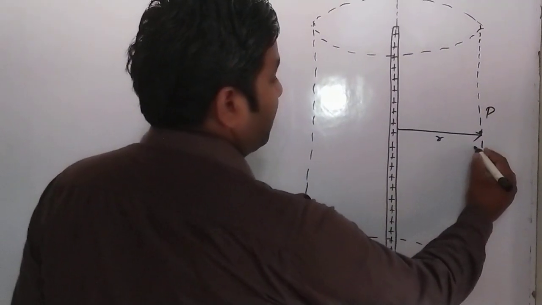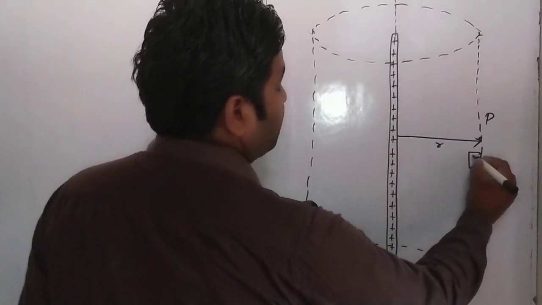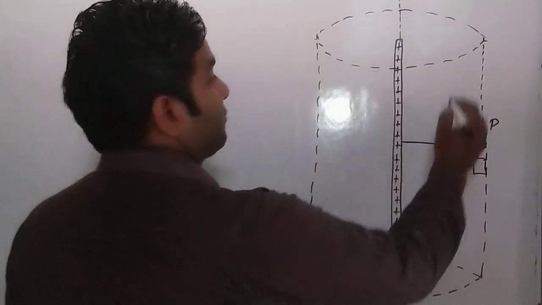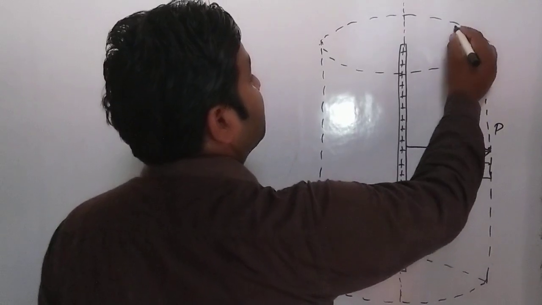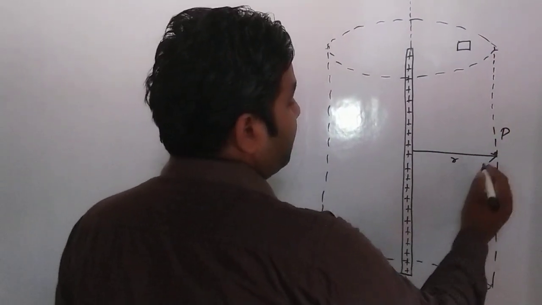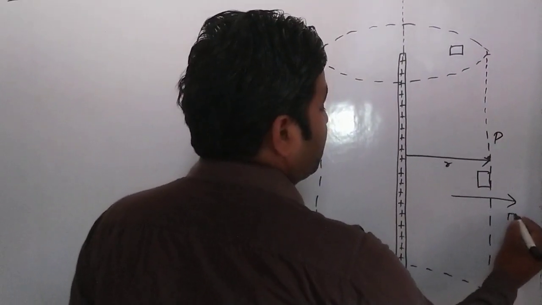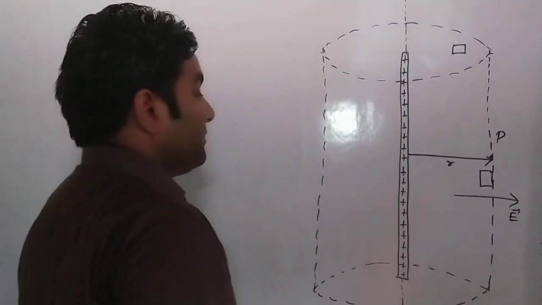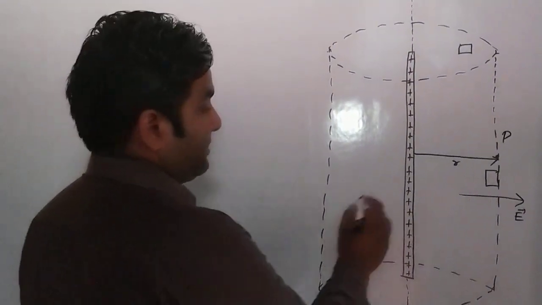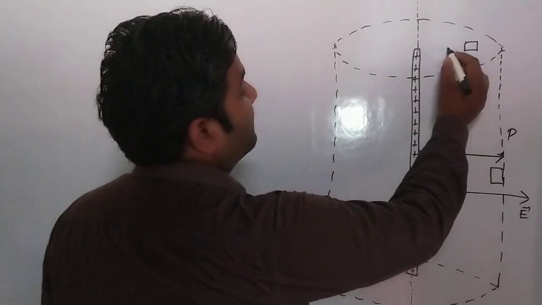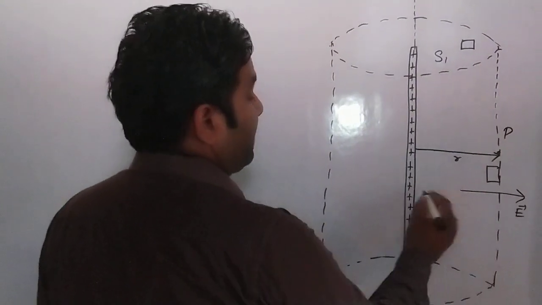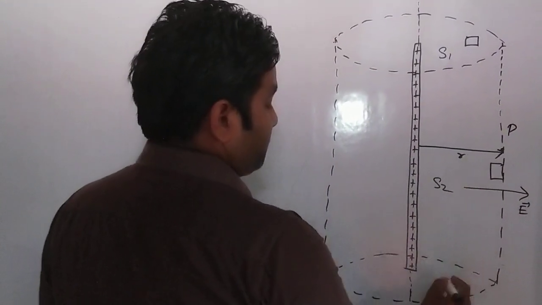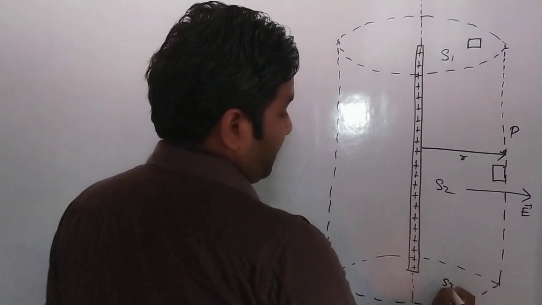Number one, that is the curved surface, and two circular faces. The electric field direction is radially outward, and the surface areas are S1 for the top, S2, and S3.